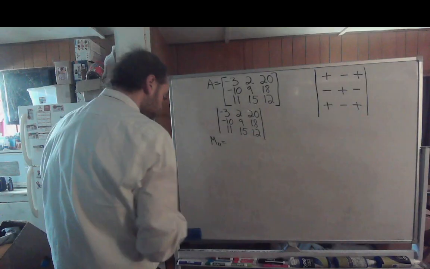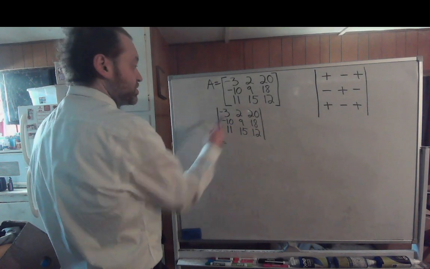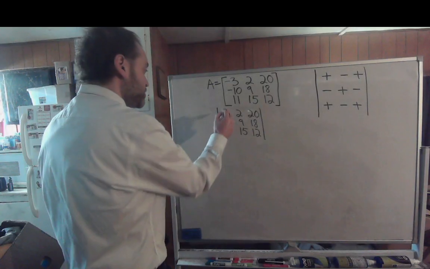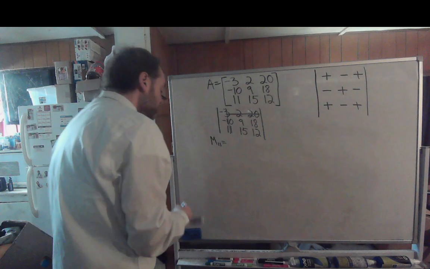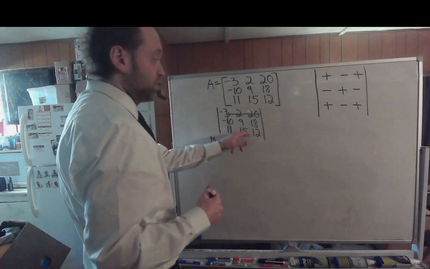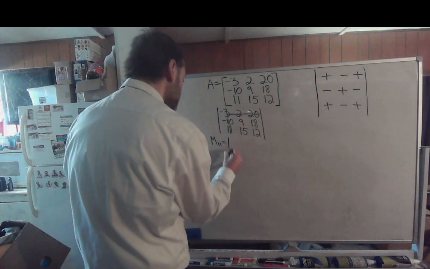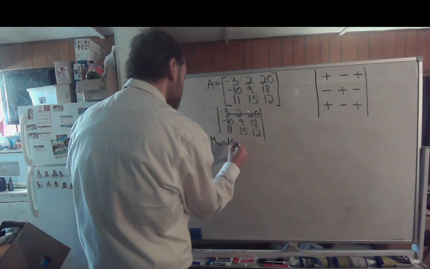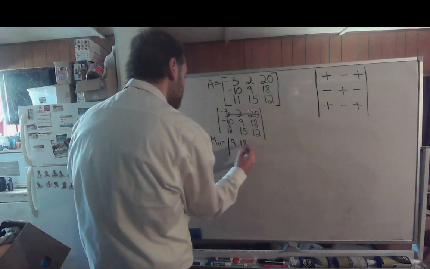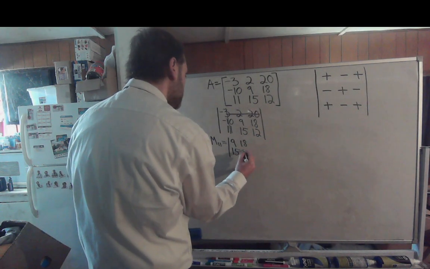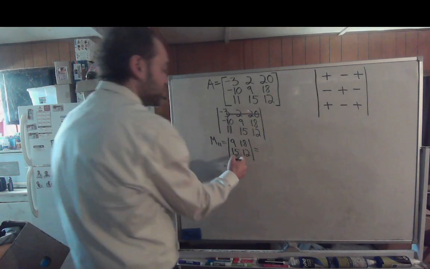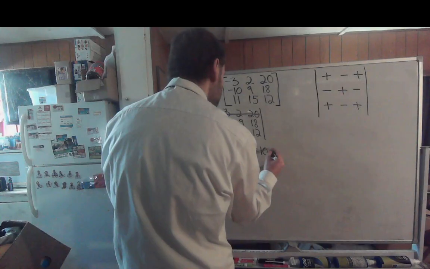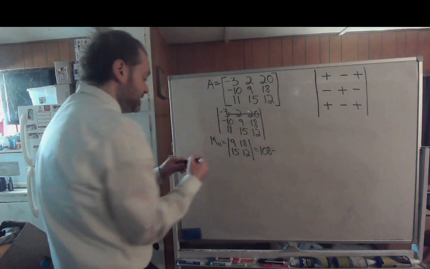Minor 1, 1, so that's where the coefficient of negative 3 is. Strike out the column and the row that it's in. Your minor 1, 1 will simply be the resulting determinant of what's left. So that'll be the determinant of 9, 18, 15, and 12. So let's see, 9 times 12 is 108, minus 18 times 15.